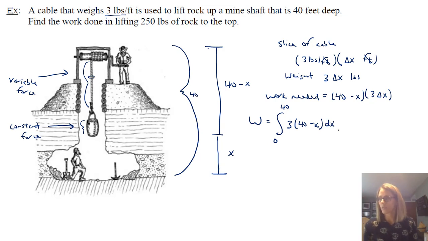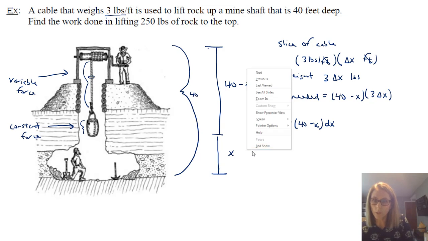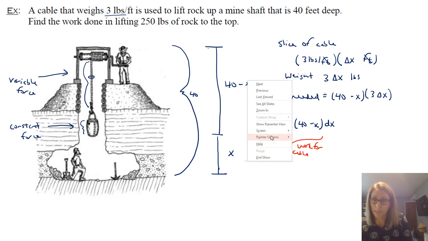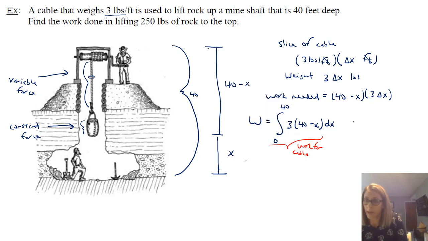What I really want you to see before we evaluate this is that this piece is just the work for the cable. And because it's a variable force, that is why we need to use the integration. However, I'm going to add an addition sign at the end. Notice this is not included in the integral.